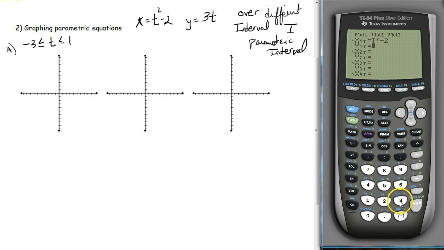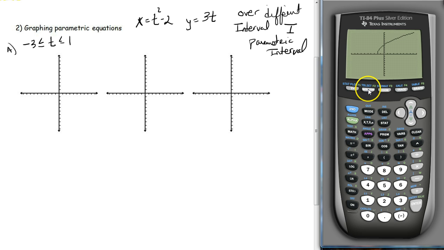And 3t. And right now, if I just hit graph, you don't know what that is. It looks like it's, I don't know, a radical function or a piece of a parabola or something, sideways.